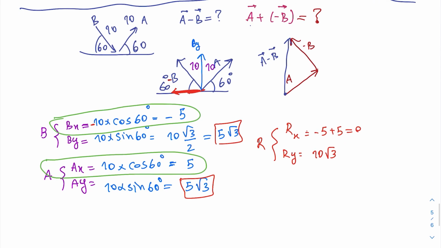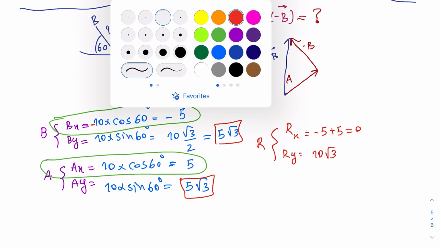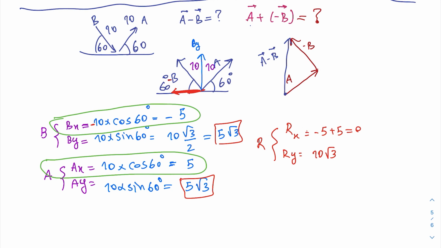So, as we graphically drew before, this vector only has one component, and that is y. It only makes the 90-degree angle with the horizon.